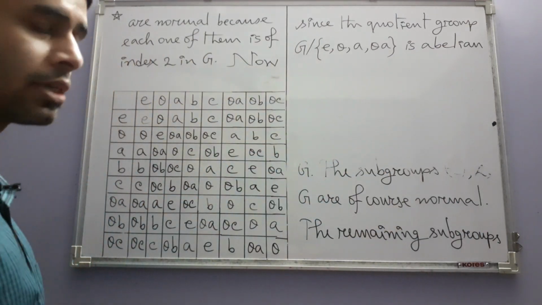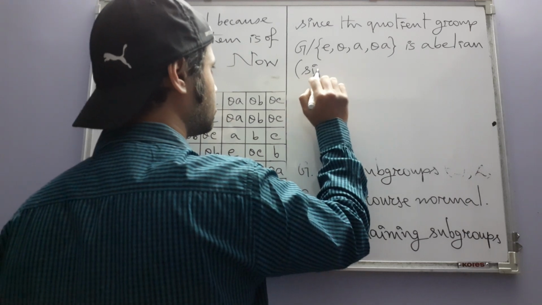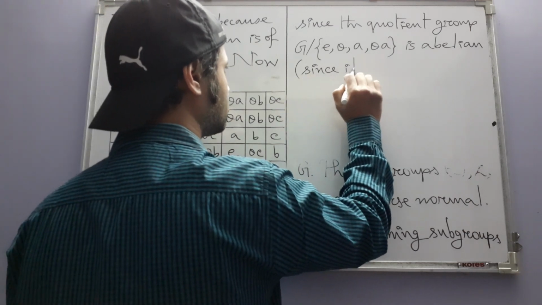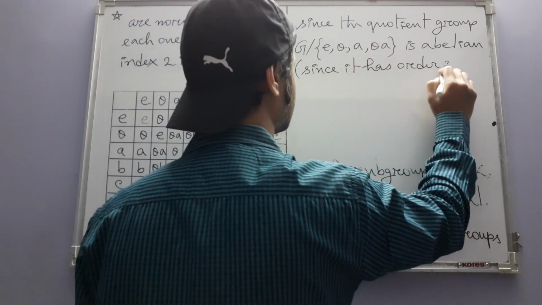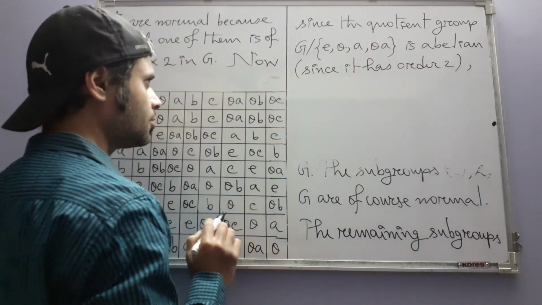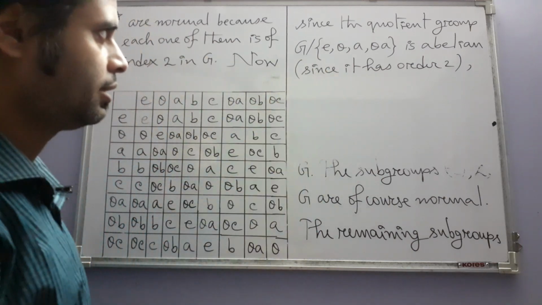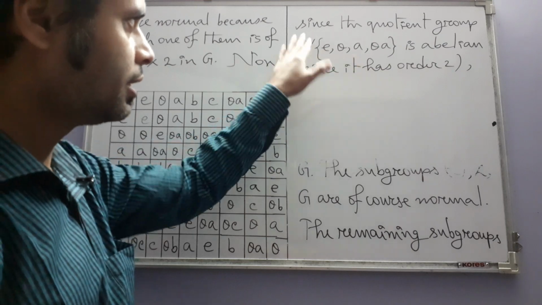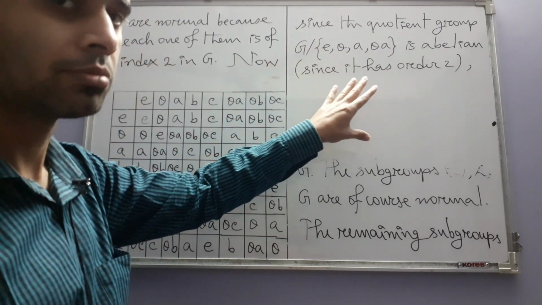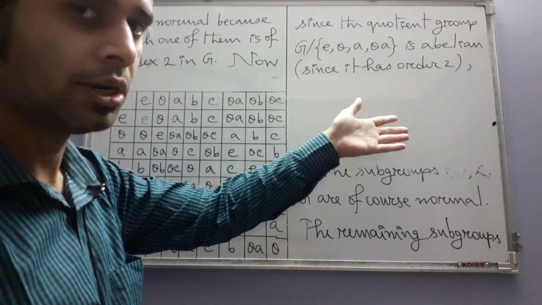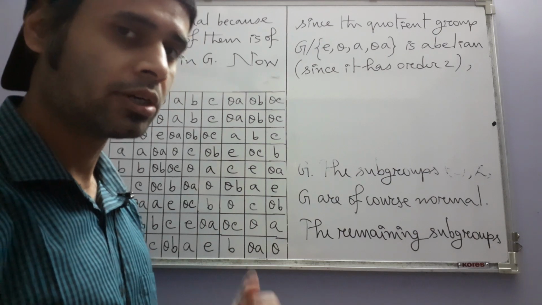Why? Because it has order 2. So by a previous exercise, whenever you get a normal subgroup in a group for which the quotient turns out to be abelian, then that normal subgroup contains the commutator subgroup.